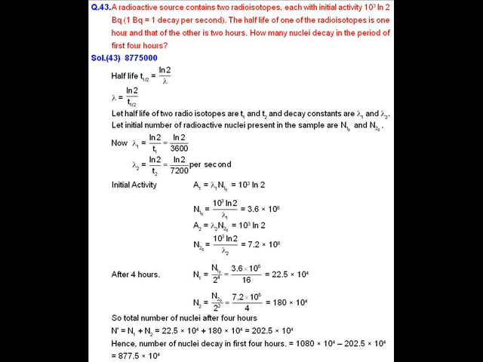That means the number of nuclei that has decayed in 4 hours will be equal to initial number of nuclei minus the number of nuclei that are remaining. So that will come out to be 1080 into 10 raised to power 4 minus 202.5 into 10 raised to power 4. That means the number of nuclei that has decayed is 877.5 into 10 raised to power 4.